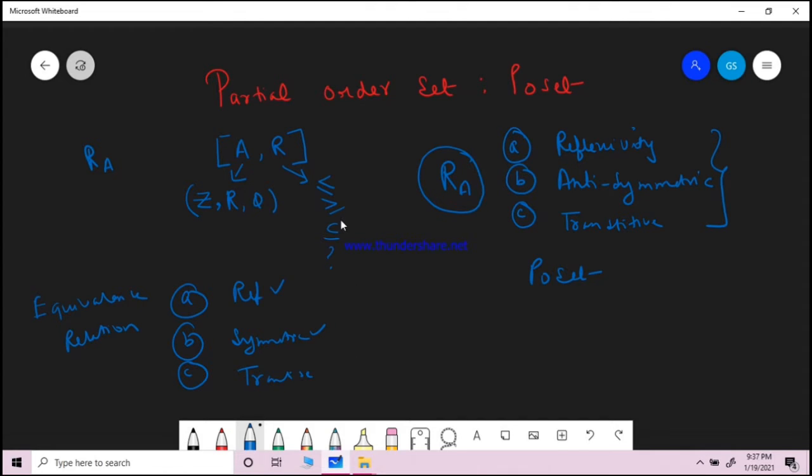So this is the basic difference between a poset and an equivalence relation. So you have to recall all these properties: what is the reflexive property, what is antisymmetry, and what is transitivity.